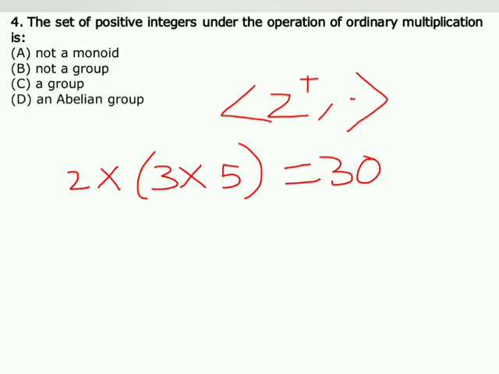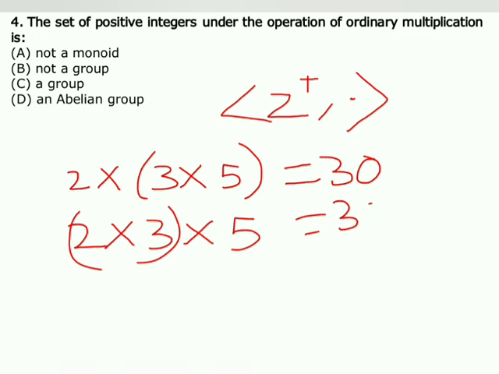If it follows a commutative monoid under multiplication, then 2 into 3 into 5 is also 30. That's why the answer cannot be a group. So B, not a group, since it is following the commutative law.